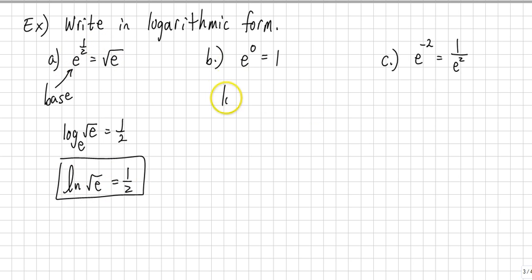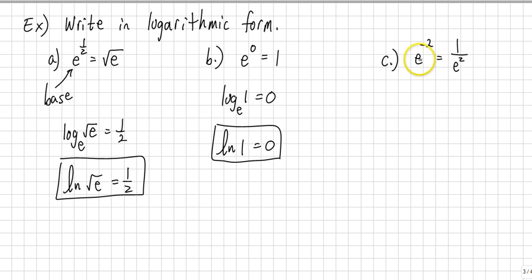For b, we'd have log base e of 1 equals the exponent 0. But again, no one writes log base e, or it's very uncommon, let's put it that way. So we'd write natural log of 1 is 0. Which makes sense, because no matter what the base is, when you raise it to the 0 power, you always get 1.